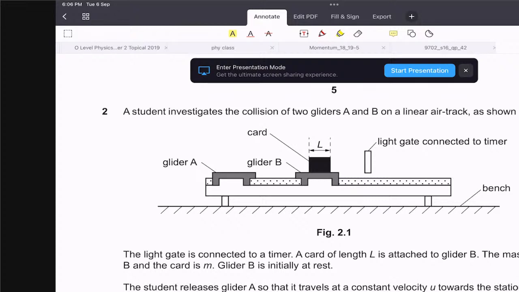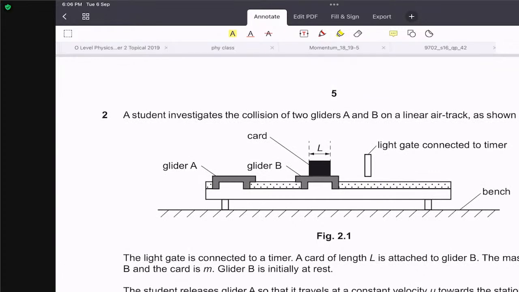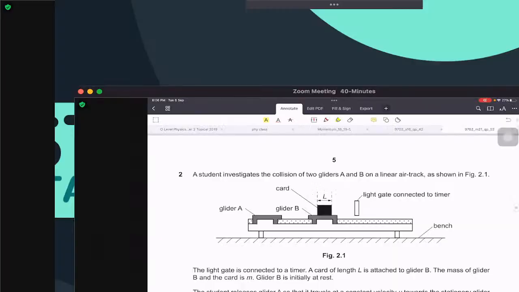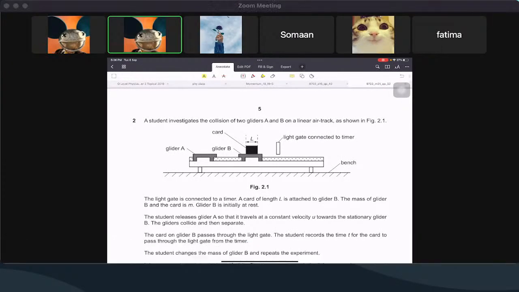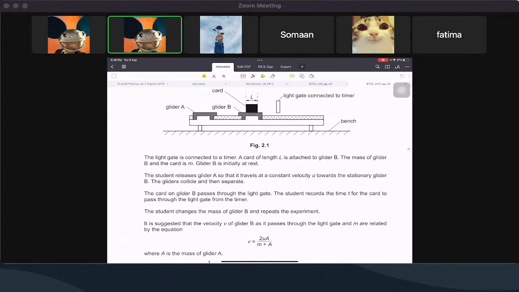For this one, I just want to tell you that in this question, what is written is irrelevant. So it's all right if you read it. It's not really important.